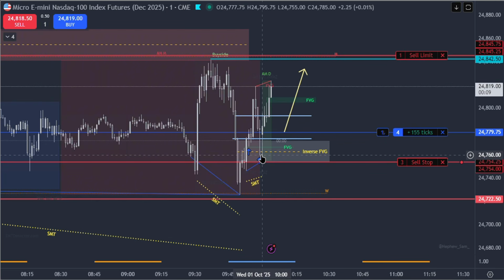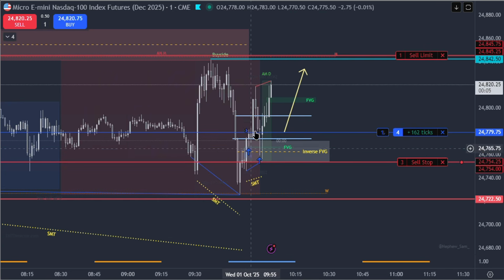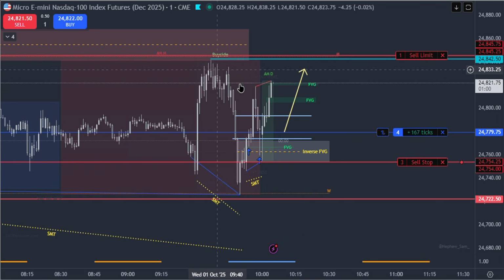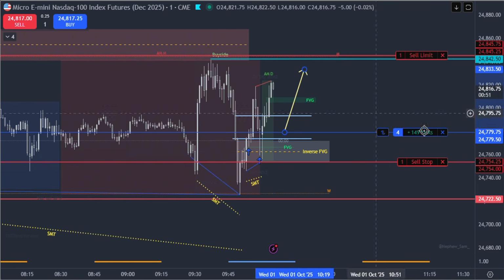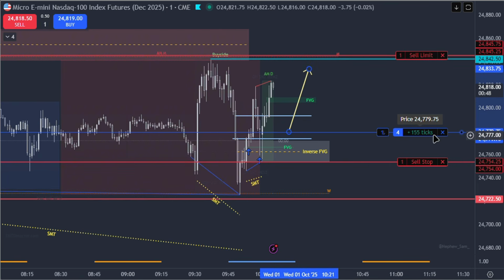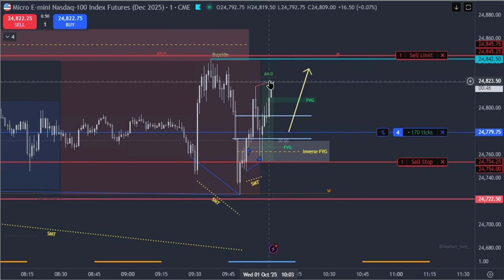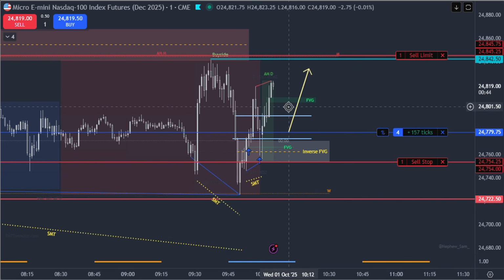You can place it there because now we've identified that the algo is in a buy program indeed. It should target the opposite side liquidity. And we have all of these PD arrays that need to be respected before it targets its liquidity. So the algo should not come back and stop us out. If it's truly in a buy program, it needs to keep going.